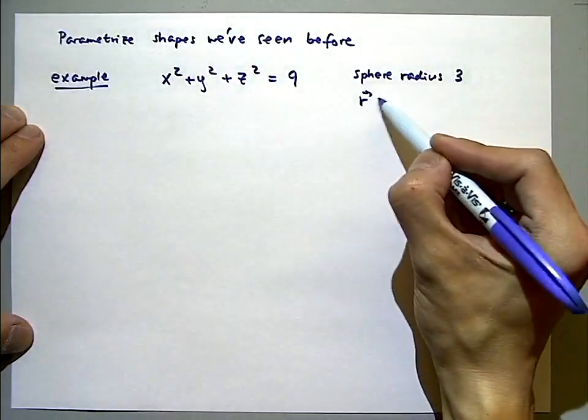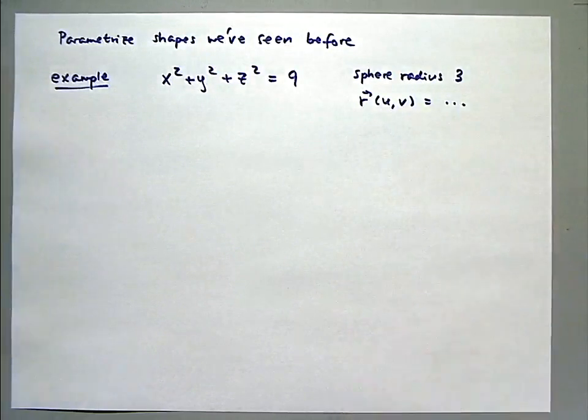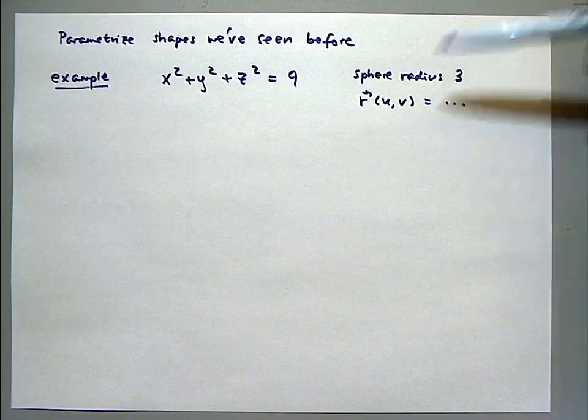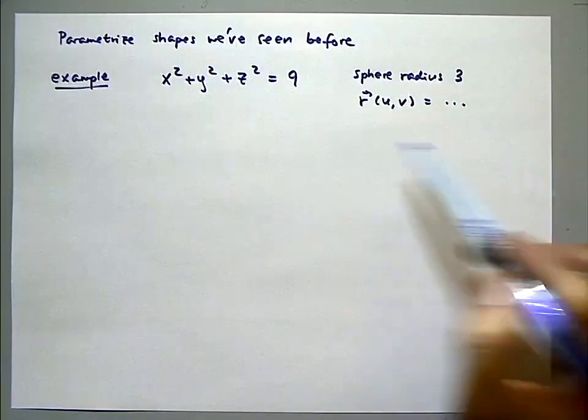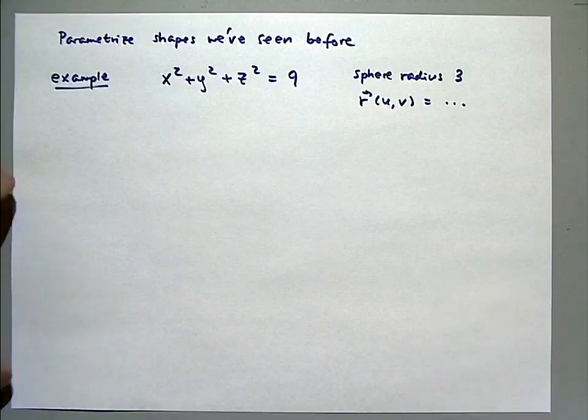And I like to write it in the form of a vector equation, r of u, v. In other words, if I'm going to put together this entire surface one point at a time, and I can control u and v, what equation do I use to put the entire sphere together one point at a time? There are many ways to do this. I'll show you two ways to parameterize that one shape here.